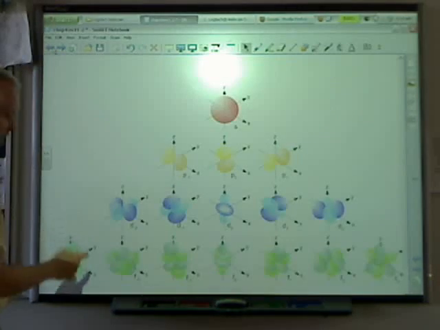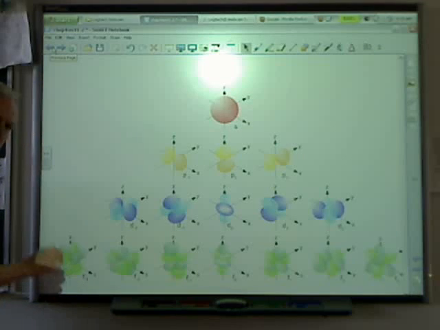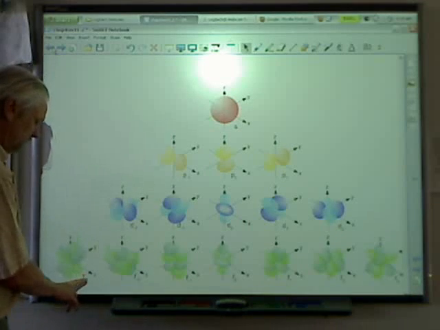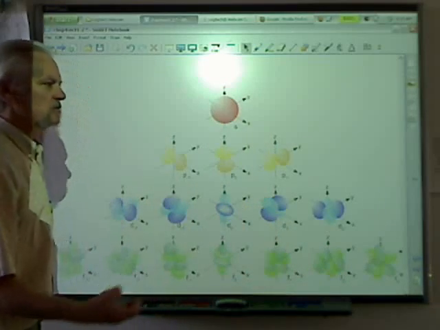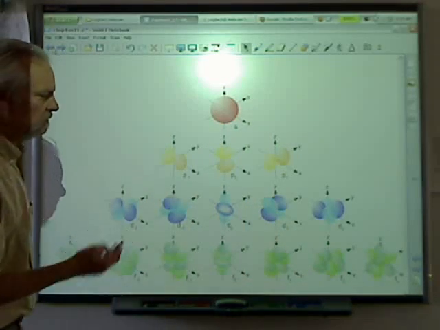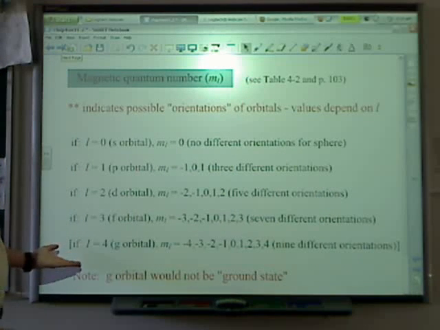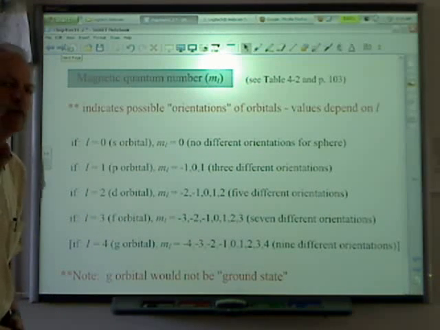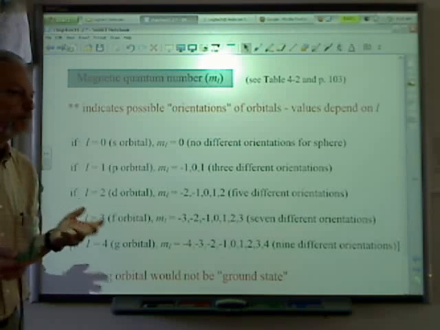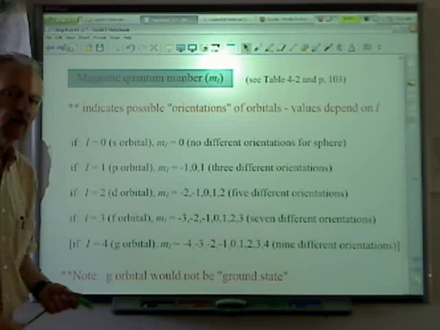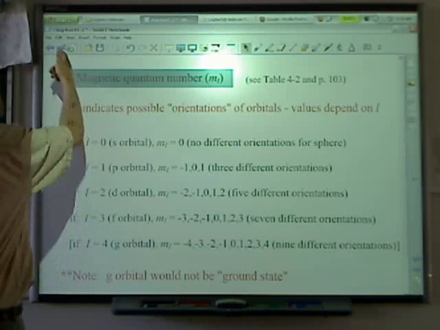And if we go back here, we can see those 7 orientations and the value for the magnetic quantum number, -3 through 0 to +3, giving us those possibilities for electron locations. Obviously, we can go higher, but remember that there are no electrons in orbitals at the G level. They would not be in the ground state, and so we're not going to worry about them.